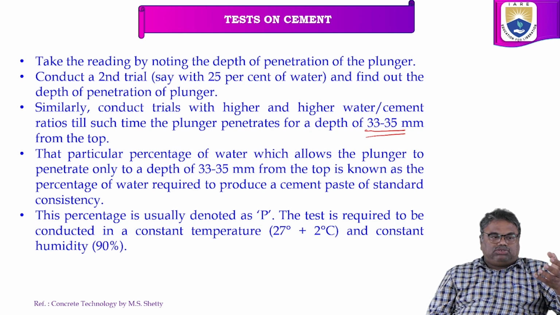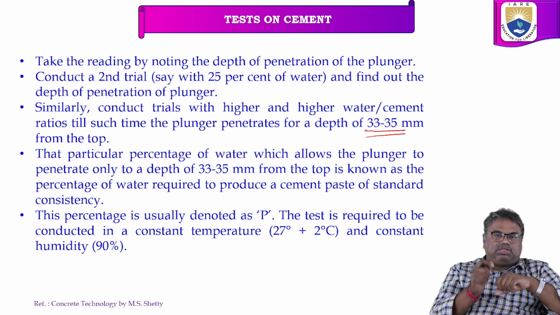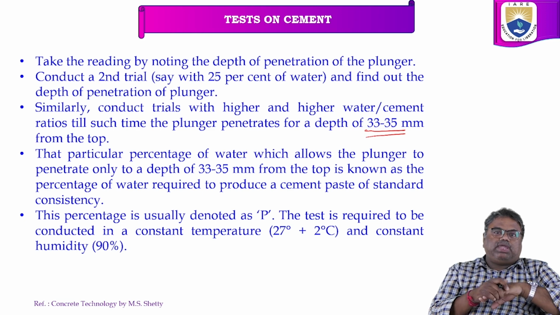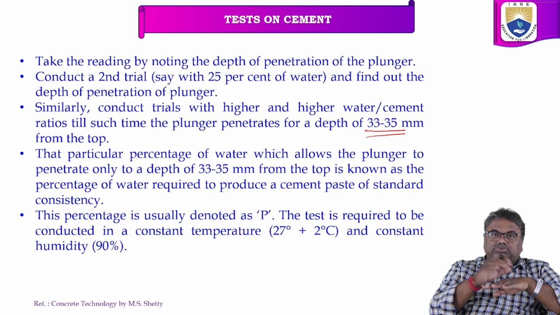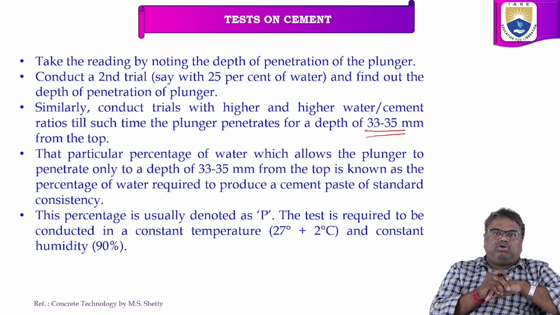Simply take 500 grams of cement and 24% of the weight of cement as water, mix it thoroughly, fill the Vicat mold, and shake it to expel the air.